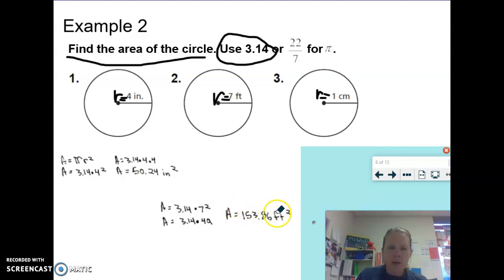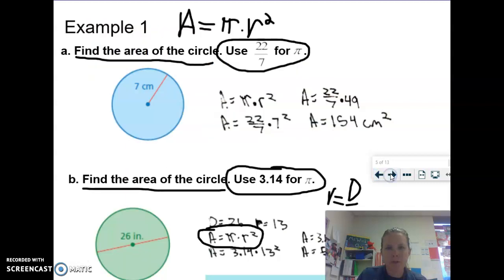feet squared. Now, we had a problem that was very similar to this at the beginning, so let's go back and look at that answer here. Oh, it's right here. Now, remember when we did this one, it's pretty much the same thing, except it's a radius of 7. The measures are different because the other one was talking about feet, this one's talking about centimeters.